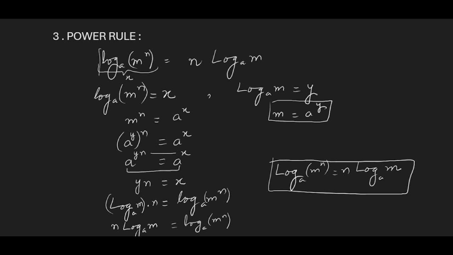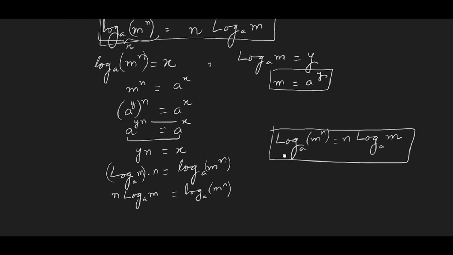Look here, this that was there. ठीक है, ये वही फॉर्म आपकी बन गई है. Now the last but not the least change of base rule. Okay, let me write it over here first. Log a n is equal to log b n upon log b a.